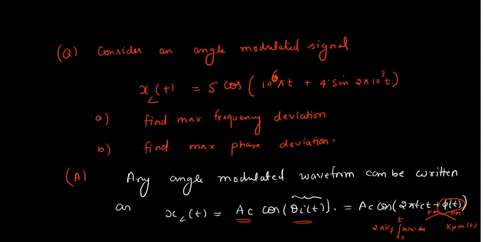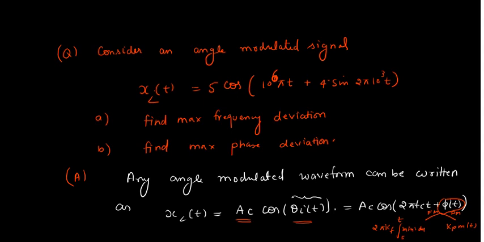So any angle modulated waveform will have this form, and depending on FM or PM we can further divide it, but this is not important for this question, as we are only asked for the maximum phase deviation and maximum frequency deviation.